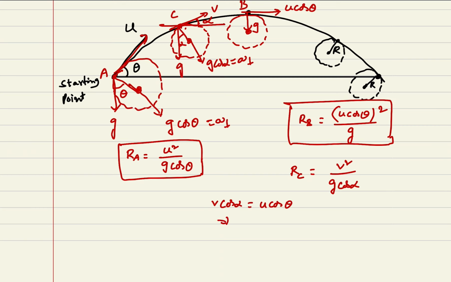Every time you can use that: along the horizontal direction, vx is equal to ux. I can write v is equal to u cos theta divided by cos alpha.